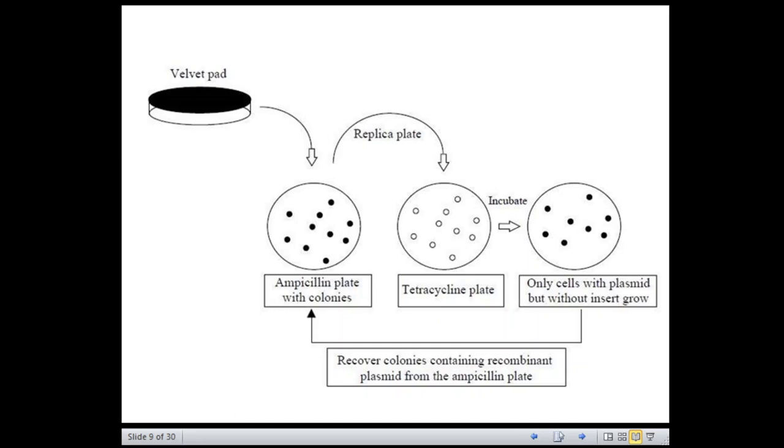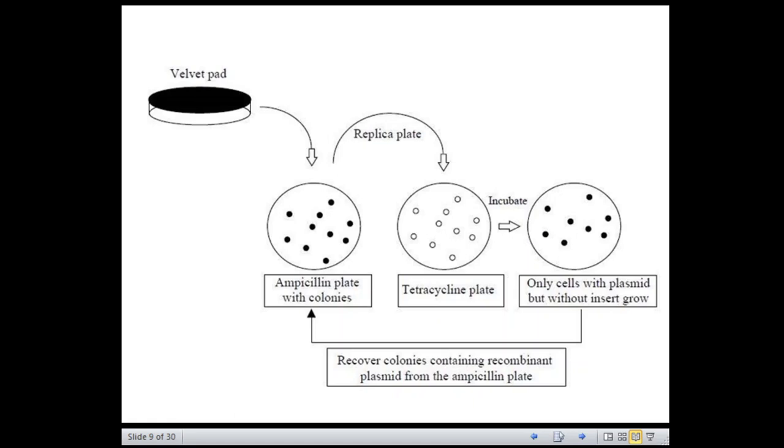Thus, the colonies which grow on ampicillin but not on tetracycline must contain plasmids with inserts. Right? Since replica plating gives an identical pattern of colonies on both sets of plates, it is recognized as straightforward to identify the colonies with inserts and to recover them from the ampicillin plate for further growth.